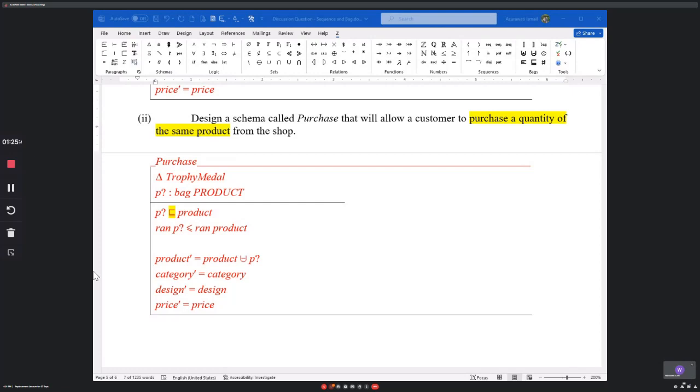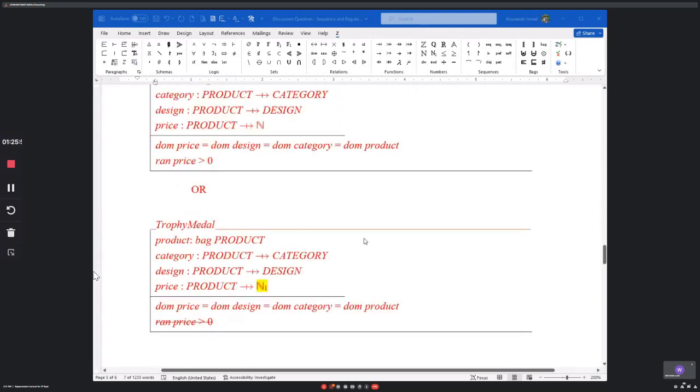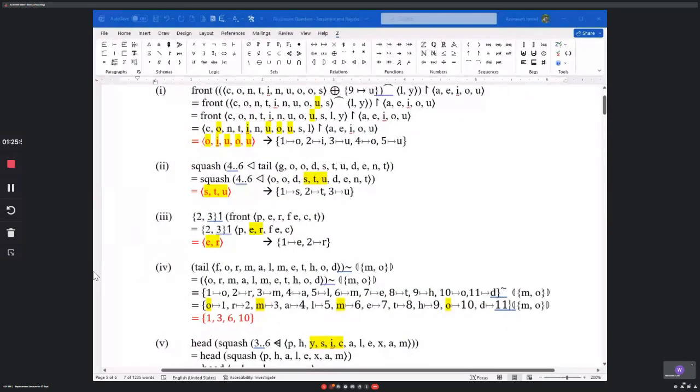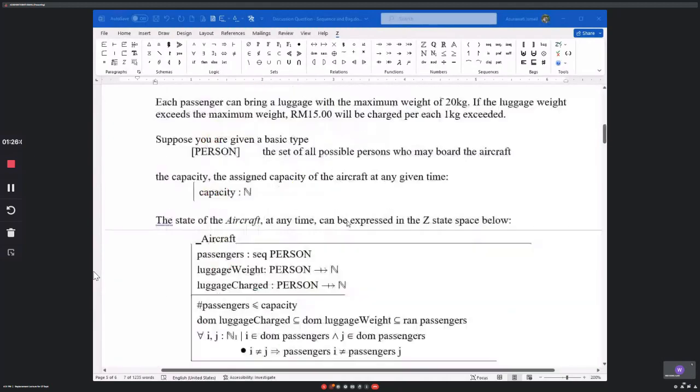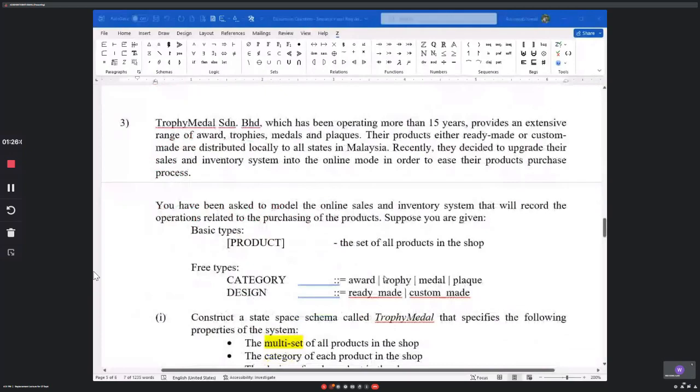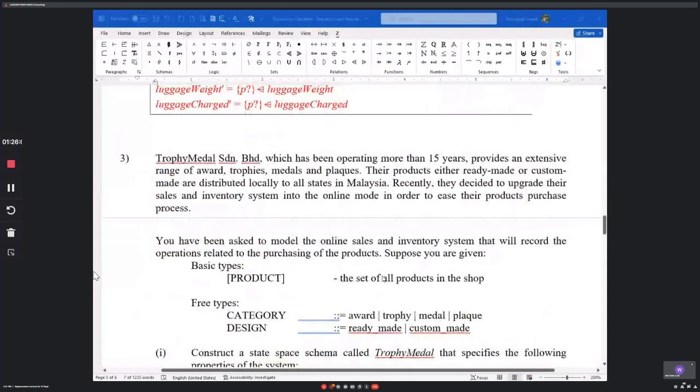It won't be both. But a question like the first question here can be a combination of sequence or back. I'm not so sure whether it is back or sequence for this year.